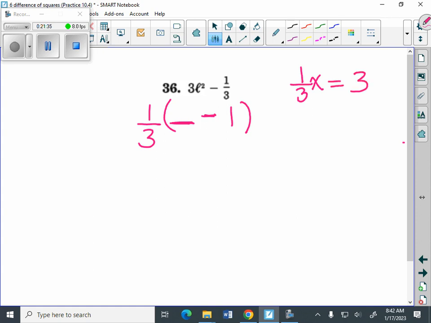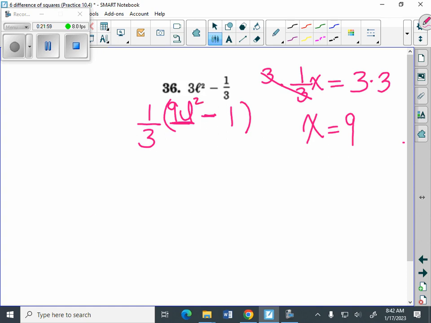That's what we're asking ourselves. 1/3 times what equals 3? So we can solve this. We can multiply this side by 3, and we can multiply this side by 3. And what we're left with is 1x equals 9. So what's going to go back in here is 9l squared.